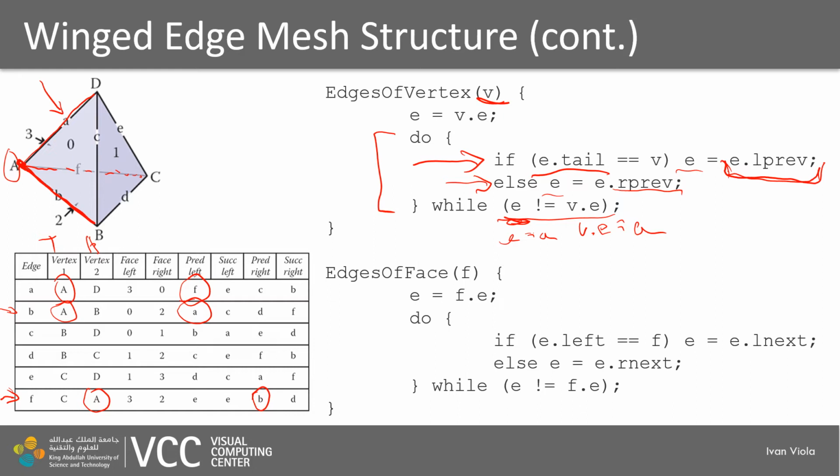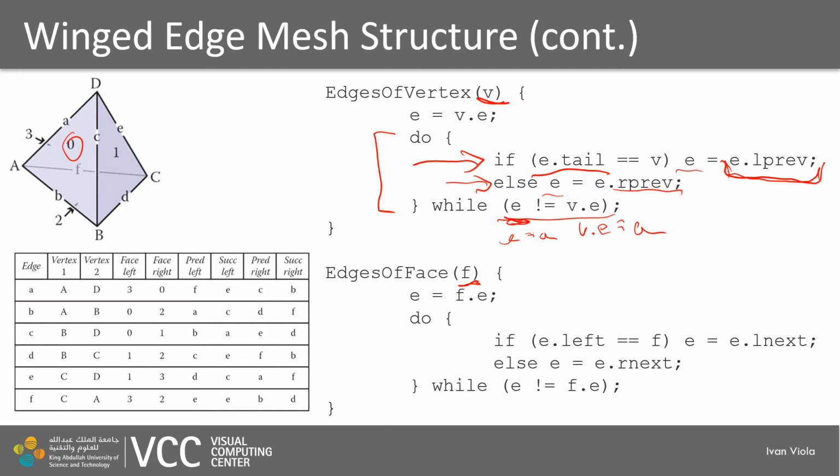Now, how do we find the edges of a particular face? If we have a face, allow me to delete this now so that I can make the entries again. At the input, we have our face F. Let's say that our face F will be the face 0.